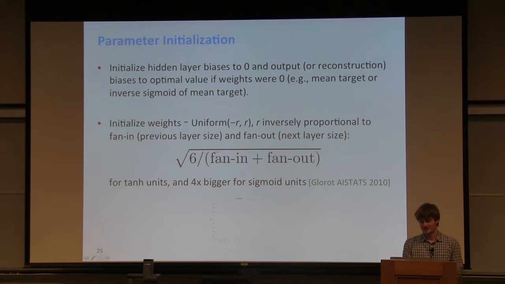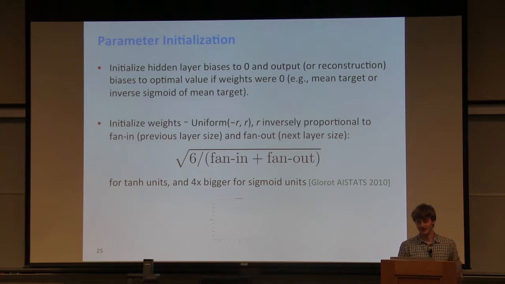And we often initialize the weights to be uniform between two small numbers. Often what people use is, for instance, the square root of 6 over fan-in, which is the number of units coming into a layer, plus fan-out, which is the number of units coming out of that layer. And really all it does, for sigmoid units or for tanh units, is make sure that you end up in that linear regime of your nonlinearity.